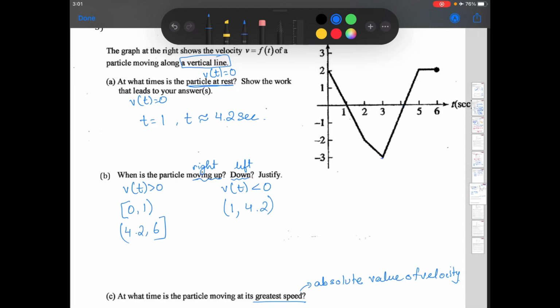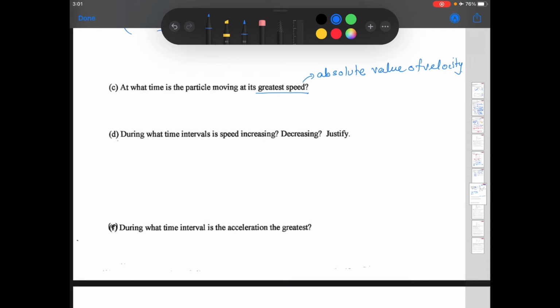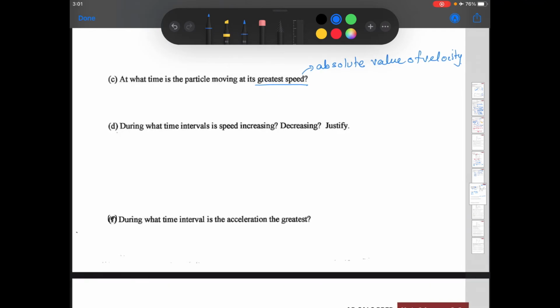So the farthest we look here is at t equals 3. So the particle is moving at its greatest speed at t equals 3. Let's write this down: when the graph is farthest from the x-axis.